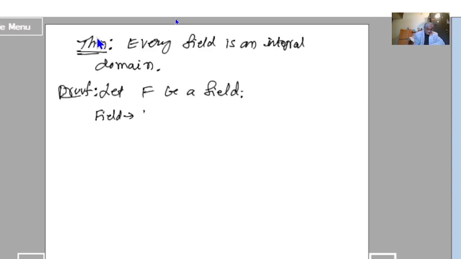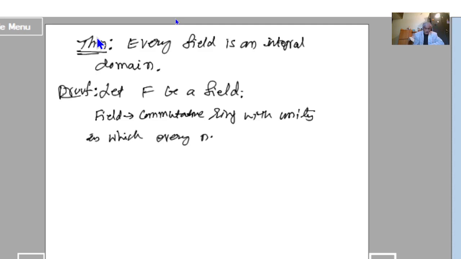Field is a commutative ring with unity, commutative ring with unity, in which every non-zero element is invertible. So this is the definition of a field.